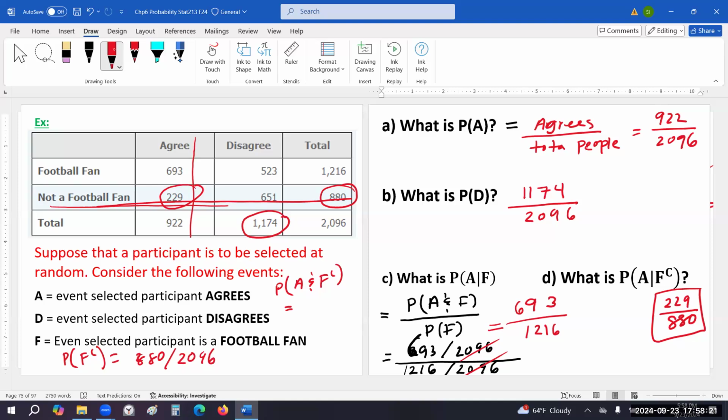How many have agrees but not football? Agrees but not football divided by total number of people, so 229 divided by 2096. Now the rule says this divided by this. In division, you cancel the denominators and you are left with numerator divided by numerator.